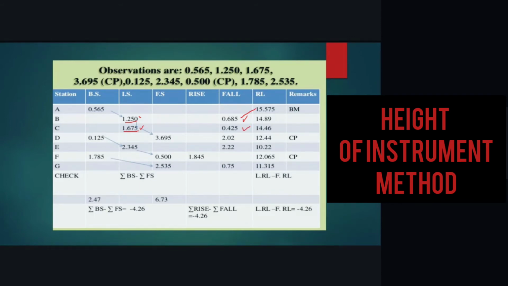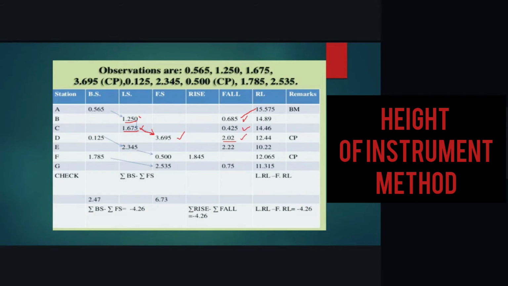If you get a negative value, write it in fall, and if you get a positive value, you just write it in rise. And then you subtract 3.695 from 1.65, so you will get minus 2.02, and you have to write it in fall. So this will give you a complete set.